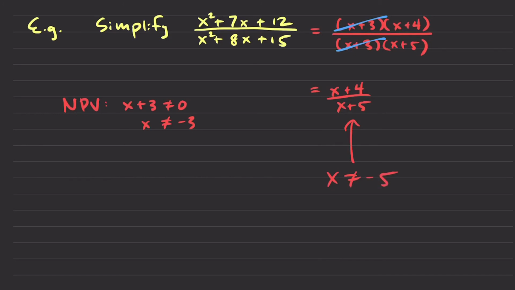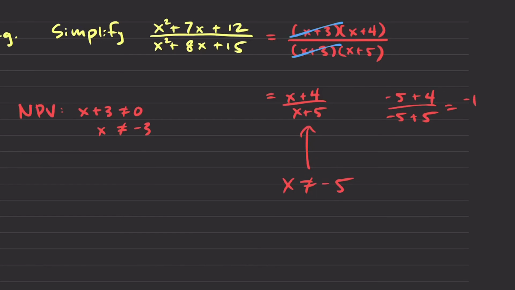Because when x is equal to negative 5, then we would have negative 5 plus 4 over negative 5 plus 5, which is equal to negative 1 over 0. That's undefined. So x plus 5 cannot be equal to 0, or in other words, x cannot be equal to negative 5.